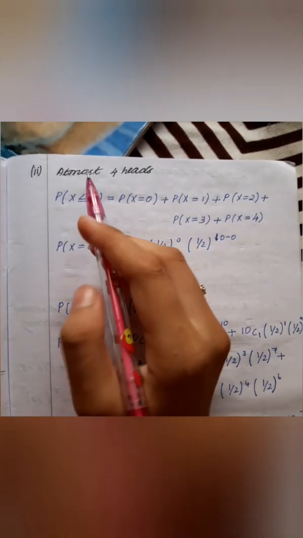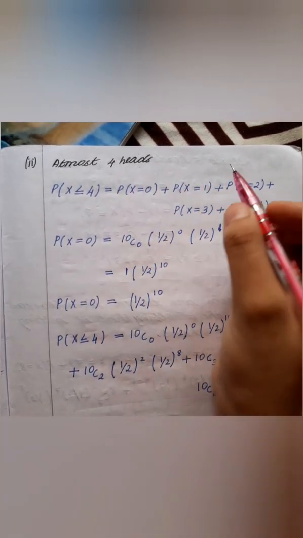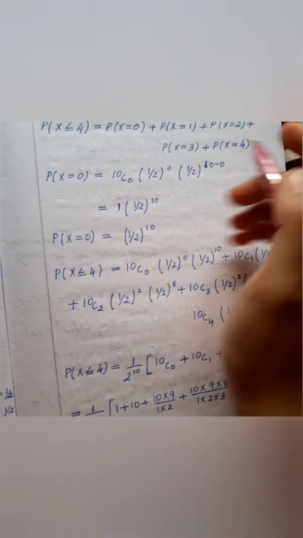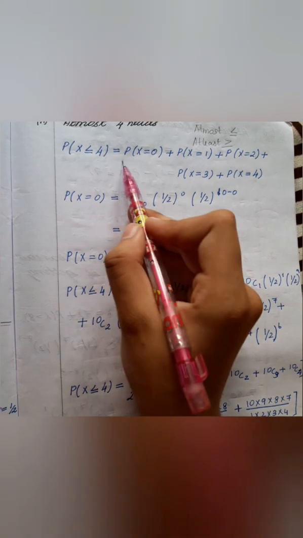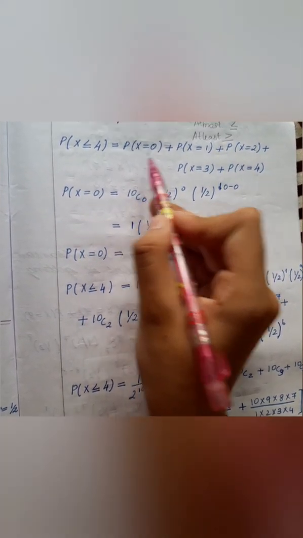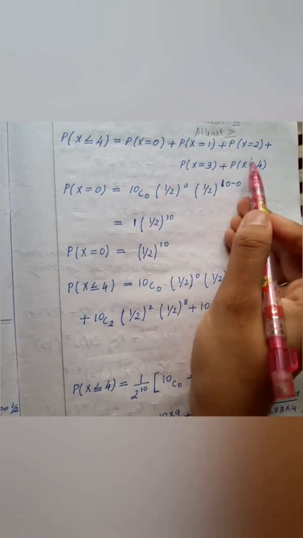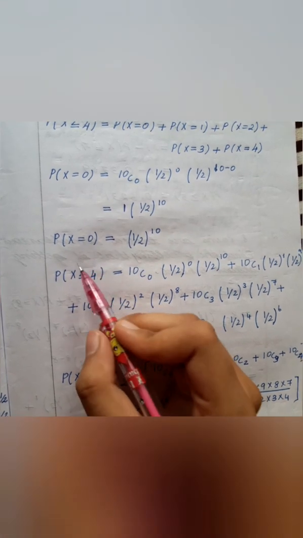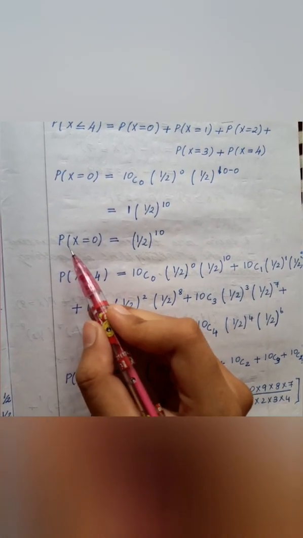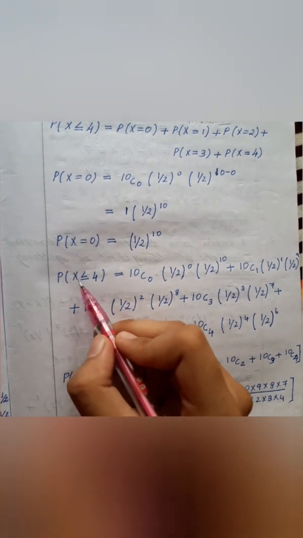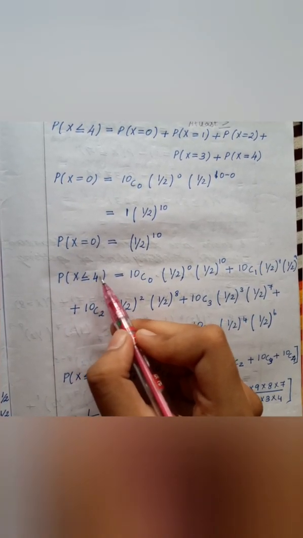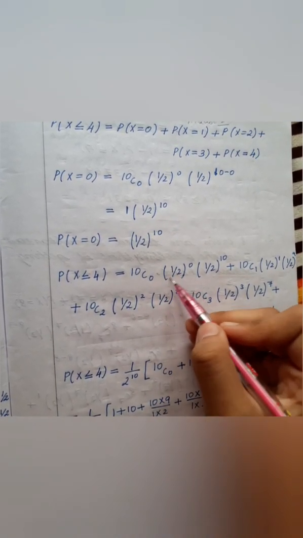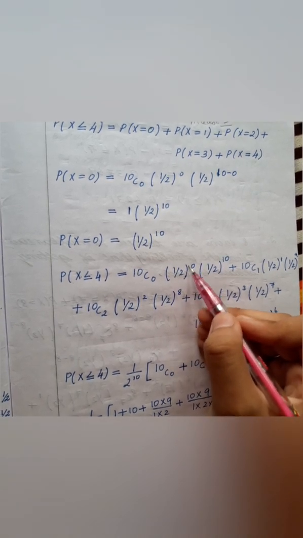The next subdivision is at most 4 heads. At most means less than or equal to, and at least means greater than or equal to. So here we have at most, so we are substituting x less than or equal to 4. Then we have to write x is equal to 0 to x is equal to 4. Then by substituting x is equal to 0, 1, 2, 3, 4, we have to use the formula nCx p^x q^(n-x).